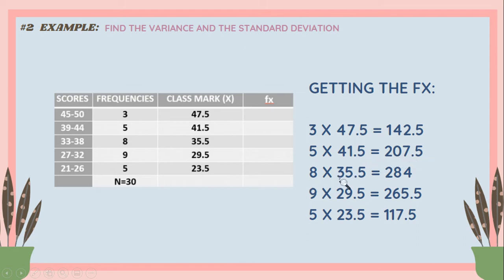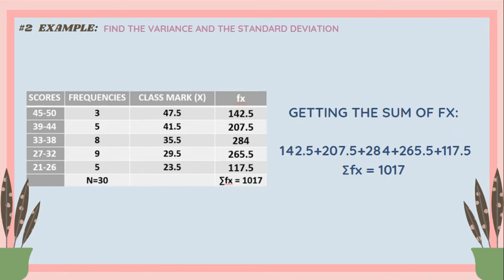Then 8 times 35.5 is equal to 284. And then 9 times 29.5 is equal to 265.5. And then 5 times 23.5 is equal to 117.5.